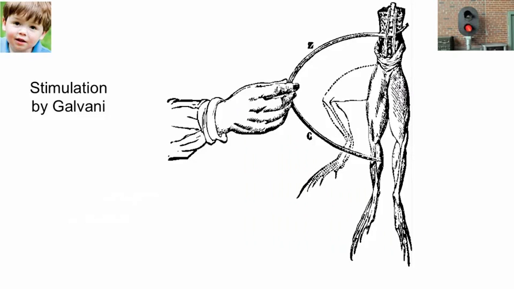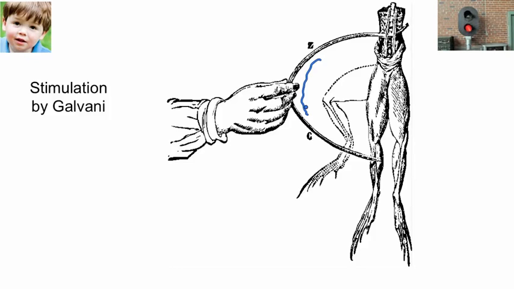So here's an old sketch from the 1700s of stimulation as done by Galvani. Galvani charged an electrode. So this is the electrode, maybe a pair of electrodes. He inserted a charge on these electrodes with some external source, a battery of some kind or some other process.